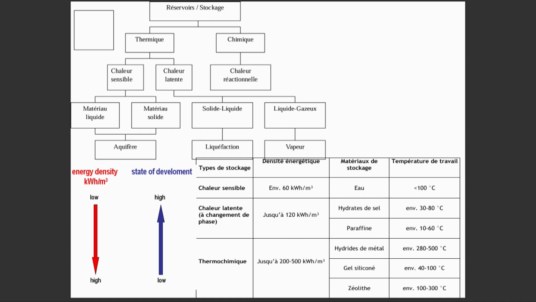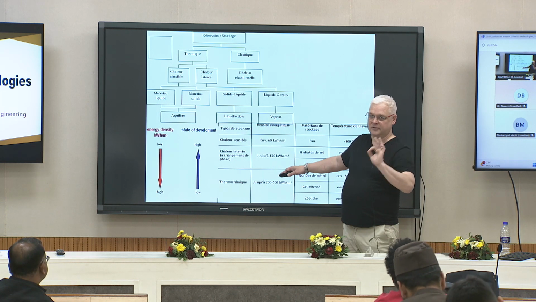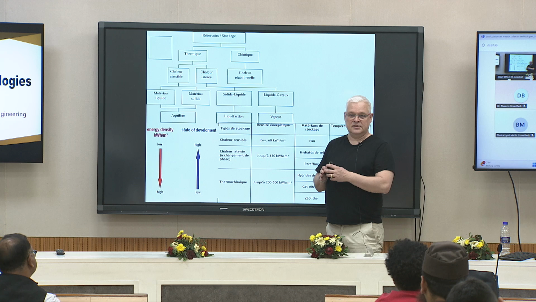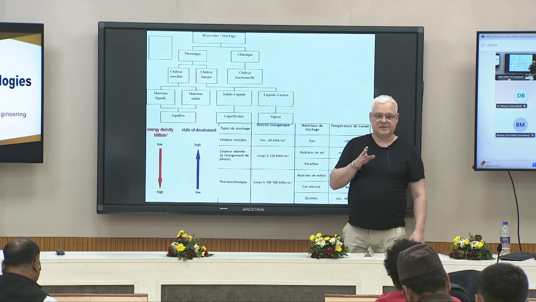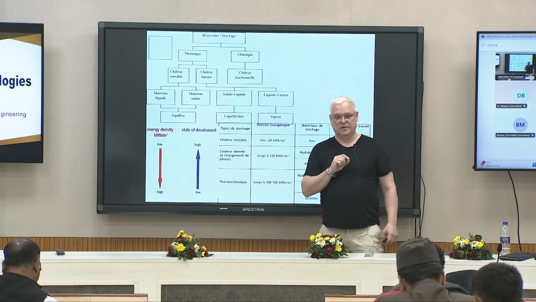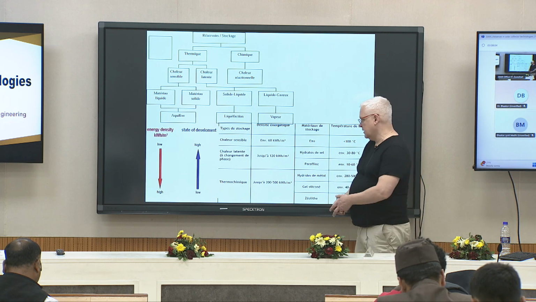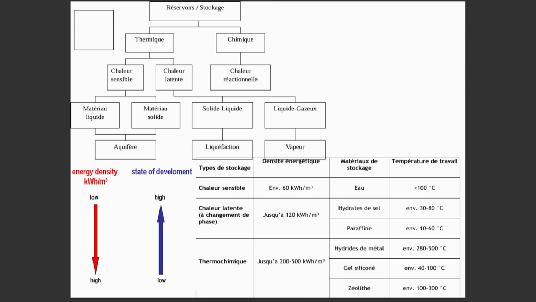The main issue is to be able to select the good phase change temperature, because if you make a mistake in the evaluation of the phase change temperature, you can store less than with water. And then with thermochemical, the density could be between 200 and 500 kilowatt-hour per cubic meter. So it's very interesting to reduce the volume of storage if you want to increase the autonomy.